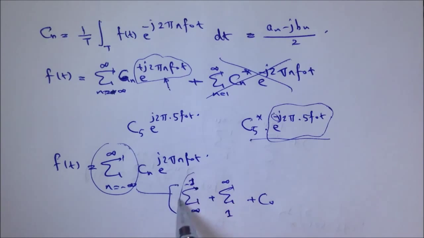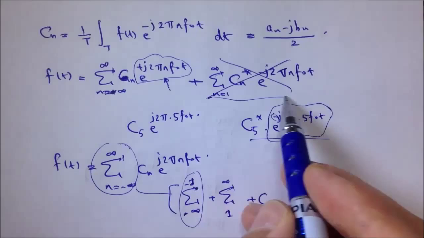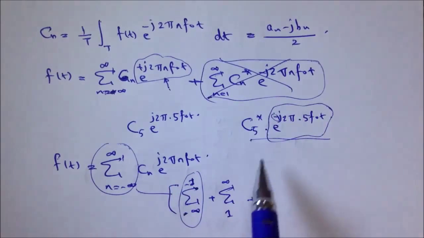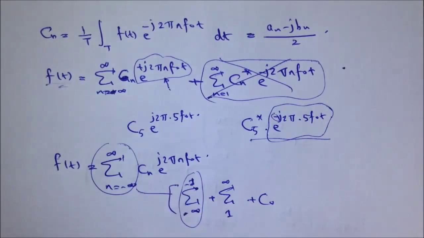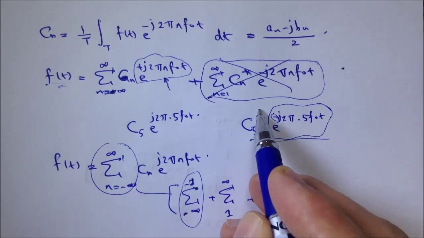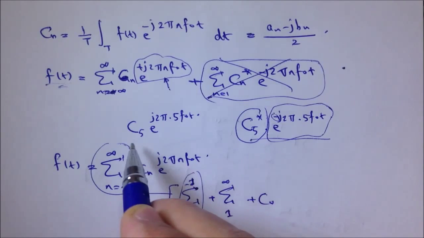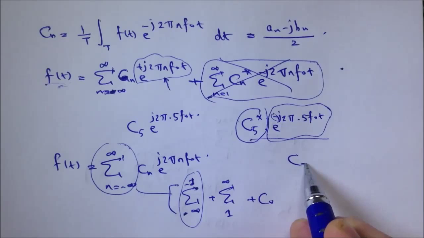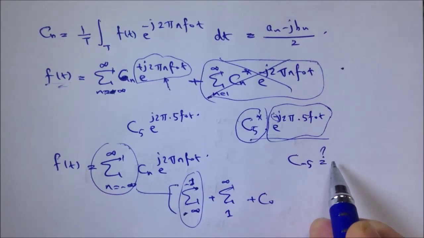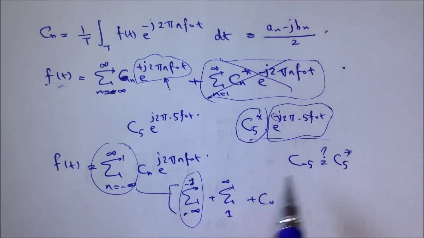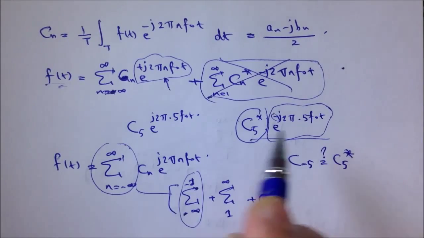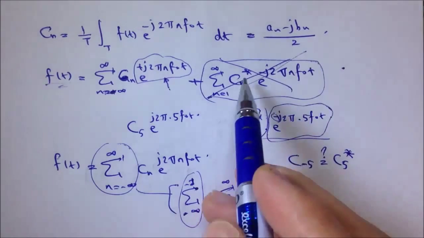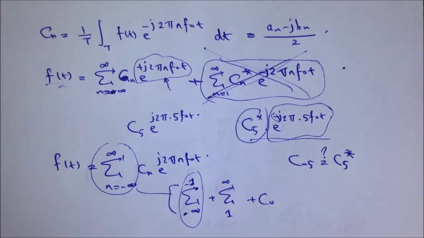Now this part of the summation gives you the terms given by this neglected part of the original definition of f of t. However, we need to make sure that c5 conjugate is equal to c minus 5. So is c minus 5 equal to c plus 5 conjugate? We need to make sure if this is true such that we can get rid of this summation.